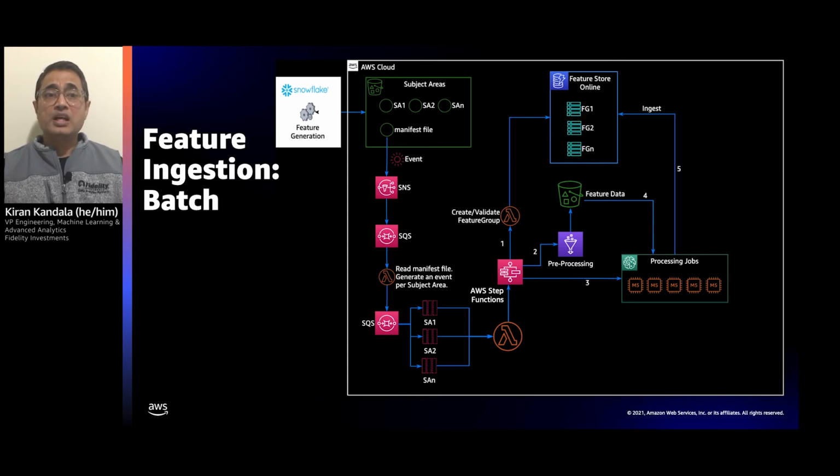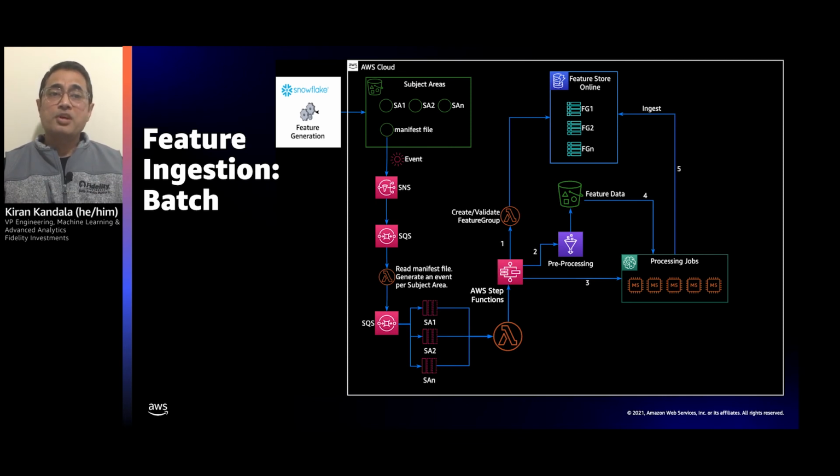This solution particularly leverages serverless architecture. This offers us scalability and configurability in different stages of the workflow. For example, we're using SQS and Lambda, a standard fan-out pattern, to be able to generate events per subject area and process them in parallel. We also use Glue for pre-processing, where we configure the number of DPUs when we are processing each subject area. So for example, the balances subject area might have more records when compared to accounts.